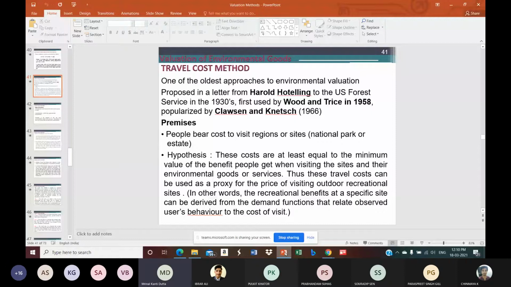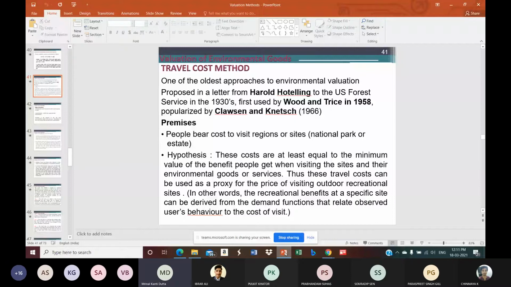Here the basic premise of the method is that it looks at how far visitors travel to come to a site. You know that there are a lot of values for people. People prefer to visit certain places. So this preference itself tells us how much value the people place on those sites.